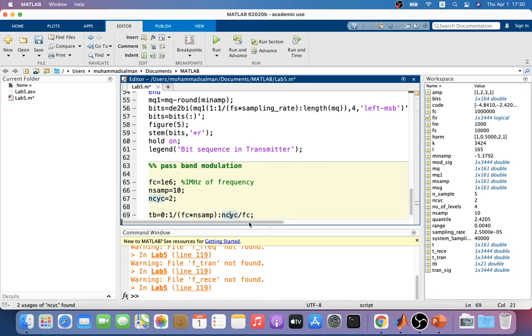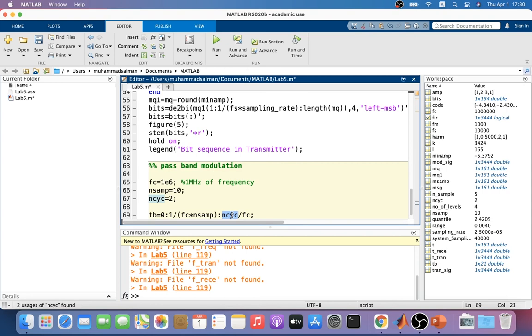Why? Because 2 divided by 1 megahertz, and this megahertz when it goes up becomes microsecond, and this 2 is already there, so each bit interval is equal to 2 microseconds, right? Within those 2 microseconds I have to transmit one bit. So one bit is transmitted in 2 microseconds, and how many cycles are there? Within 2 microseconds I have 2 cycles.